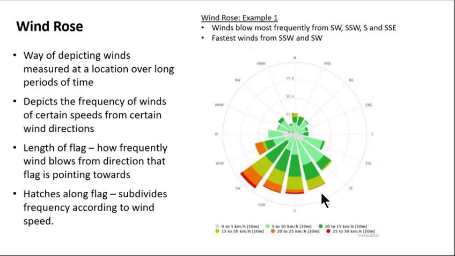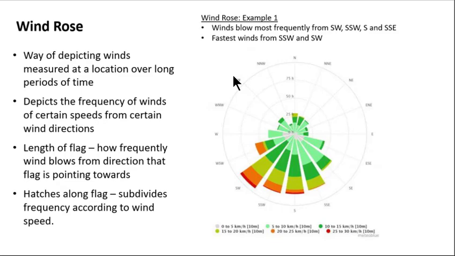On the right is an example of a windrose of hourly winds from a certain location over some period of time. Around the circle are the different directions that the wind can come from, north at top, spanning from northeast to east to southeast to south, southwest, west, northwest, and north.